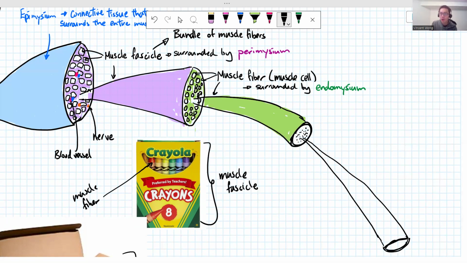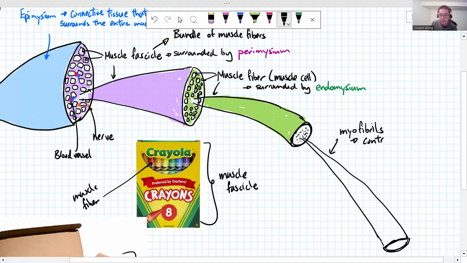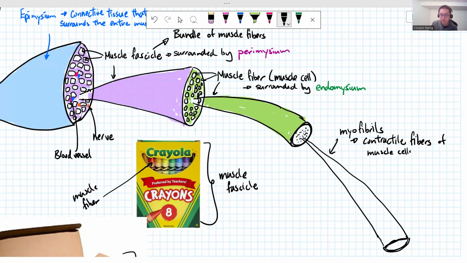So these are called myofibrils. Okay, myofibrils. And they are the contractile fibers of the muscle cell. These are the things that allow the muscle to contract.